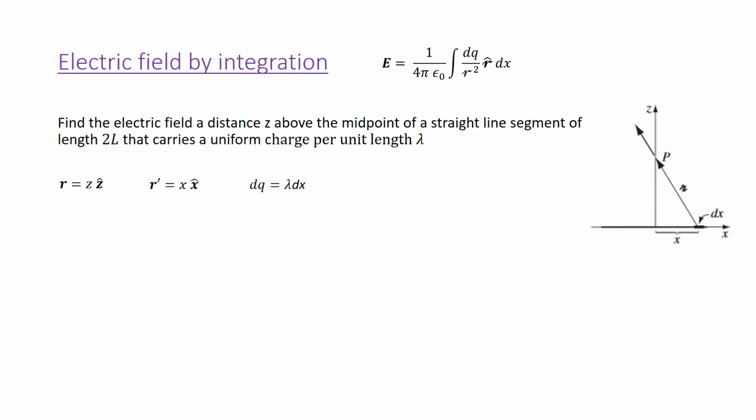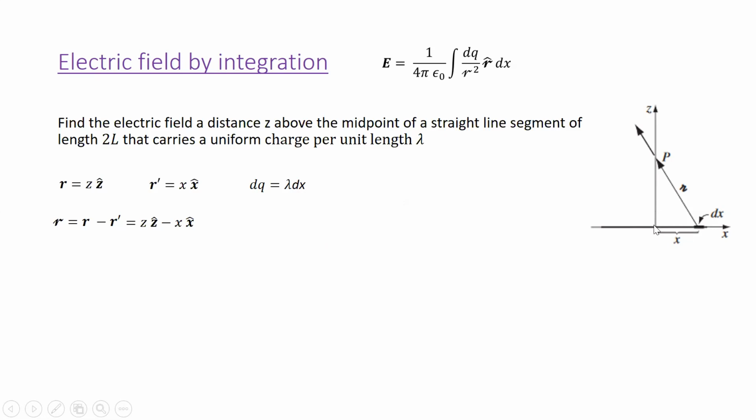We can say that dq, the little bit of charge, is equal to lambda times dx, the linear charge density times the length. So this vector script r here is going to be equal to the difference between the distance from the origin to the point P minus the distance from the origin to this point.